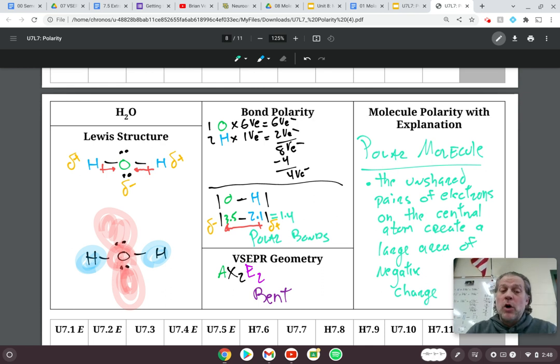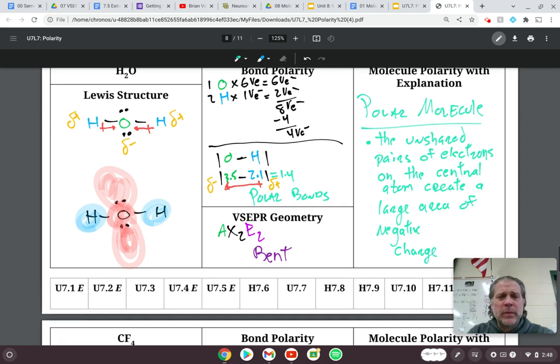So that's how we're going to describe why water is a polar molecule. Now, let's try another one.